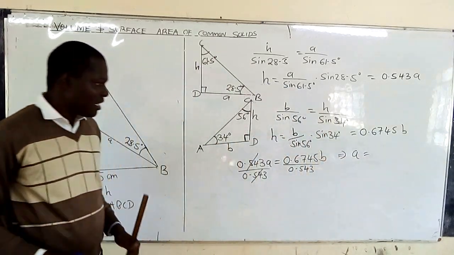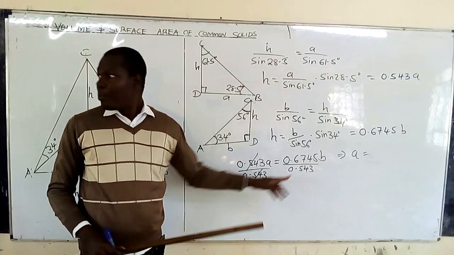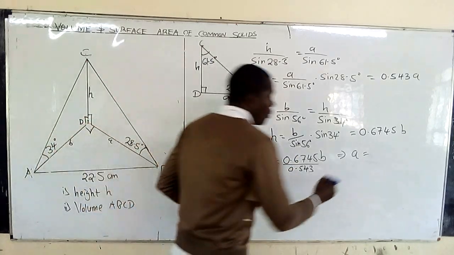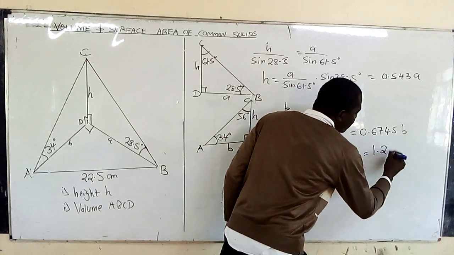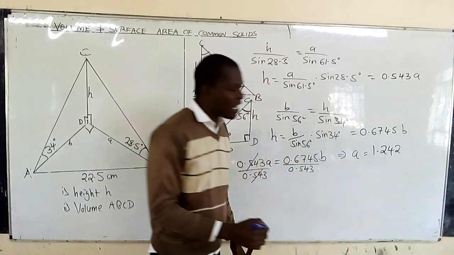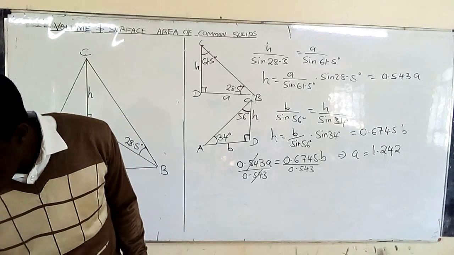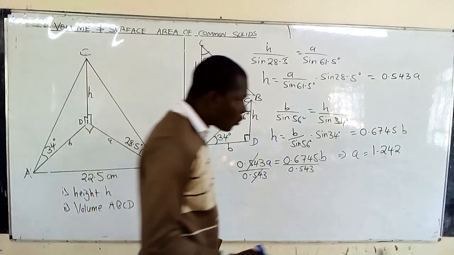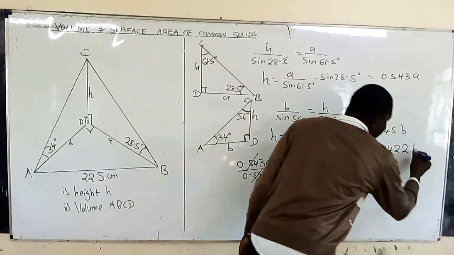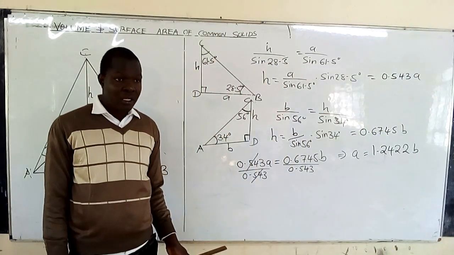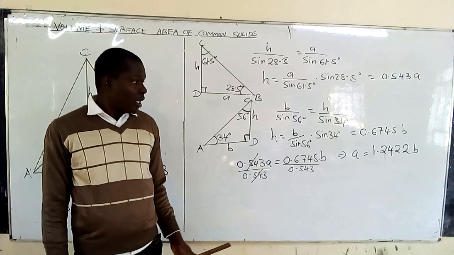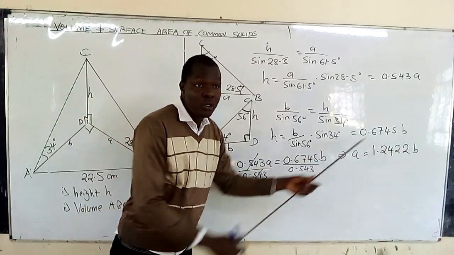A is 1.2422 B. What decimal places? 1.2422 B. Are we together? Yes, it is 1.2422 B.